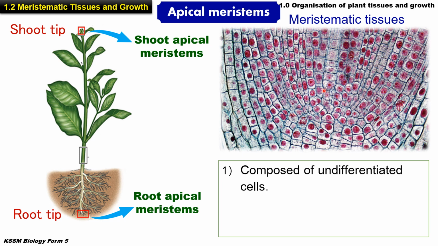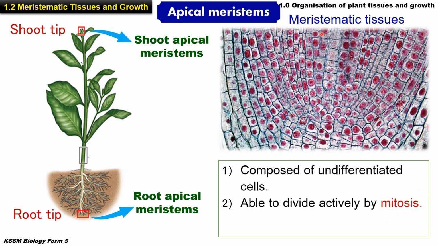At meristematic tissue, it is composed of undifferentiated cells. So the cell is still undifferentiated, means that dia ialah cell yang basic. Dia tak ada lagi xylem cell, phloem cell, no. All same cell. And yes, it actively divides by mitosis.